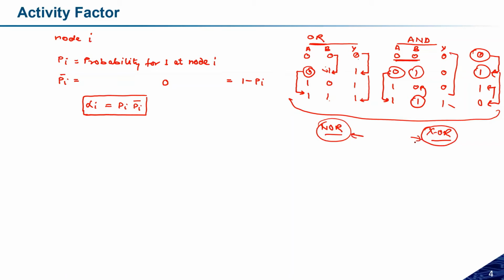And if I have designed any system or architecture with the help of XOR logic, then the power dissipation will be more. So I have to decide the blocks in such a way that I reduce the number of activities by selecting proper gates, and that algorithm can be utilized for that purpose.